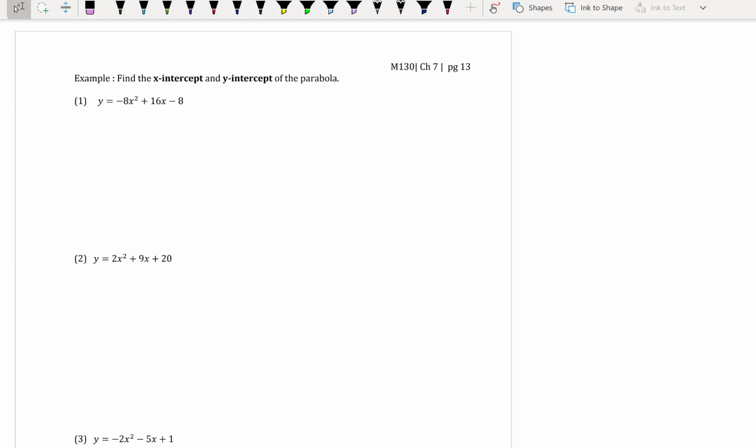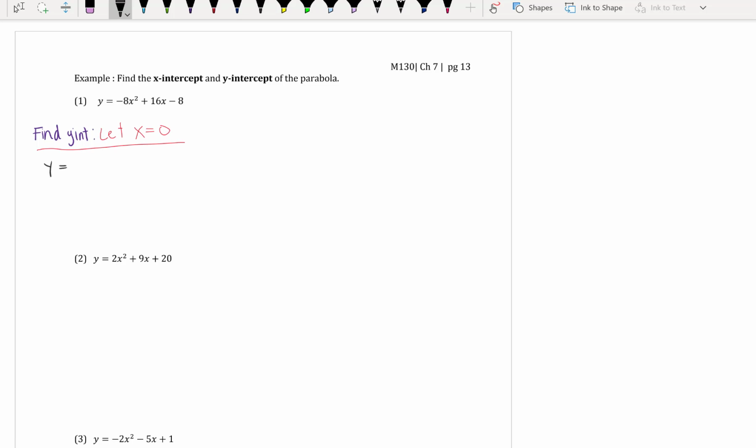So for the next example, it says find the x and y-intercept of the parabola. So remember, to find the y-intercept, that is when you let the x value equal to 0. This should be familiar from when we had linear equations.